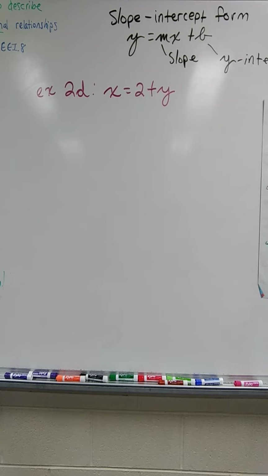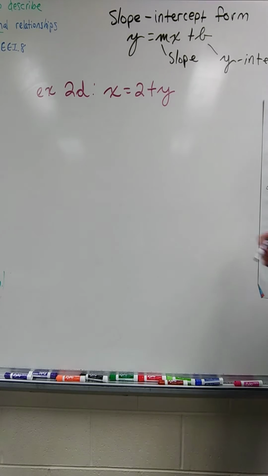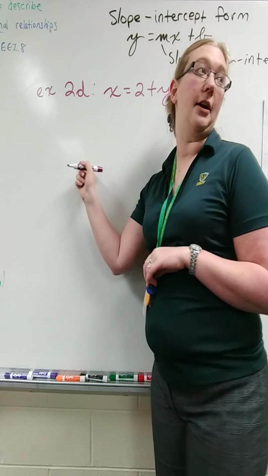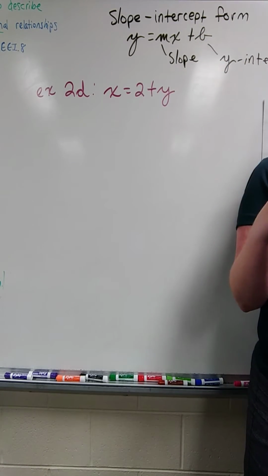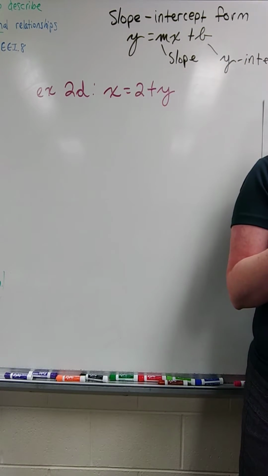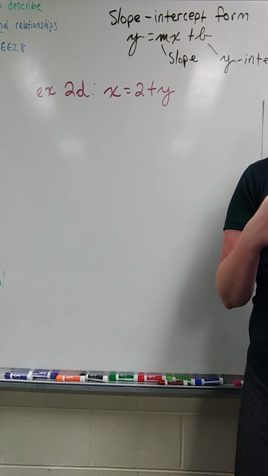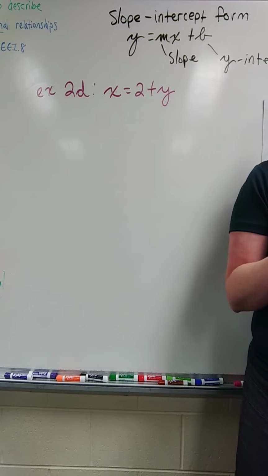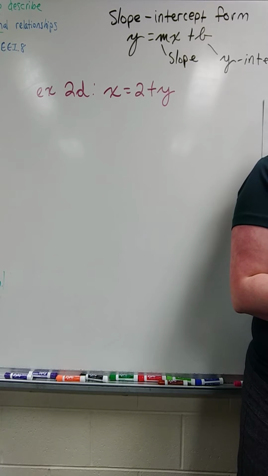No. If we move the intercept, which is 2, to the side with our x, then we have everything on the same side, but it's not going to be written in slope-intercept form. Okay?